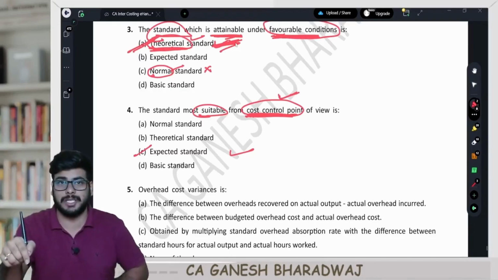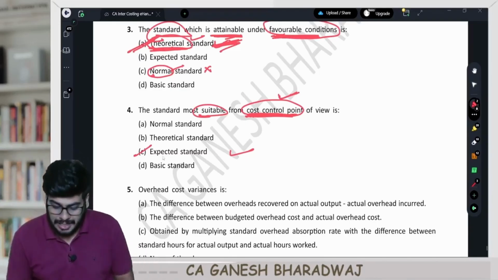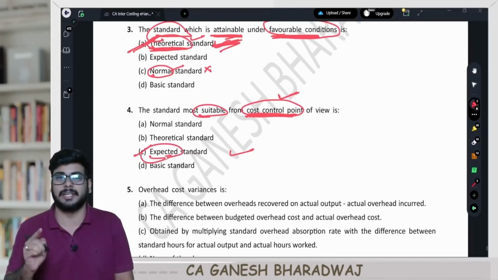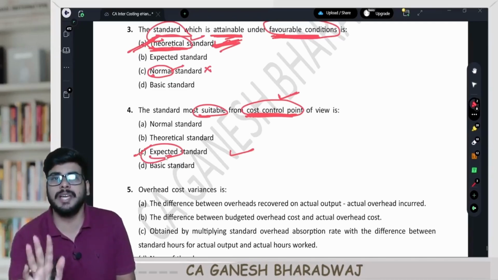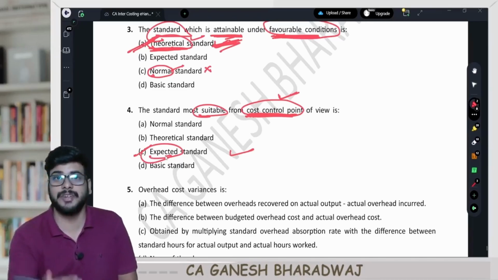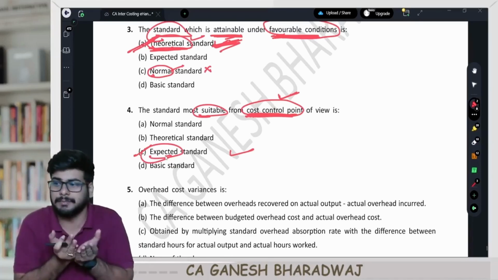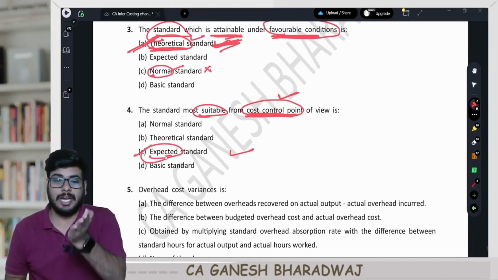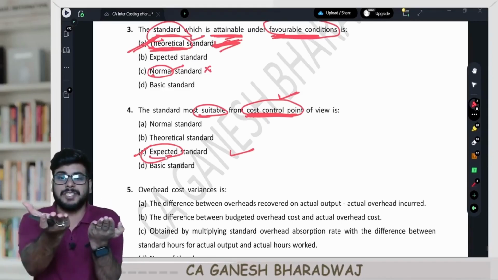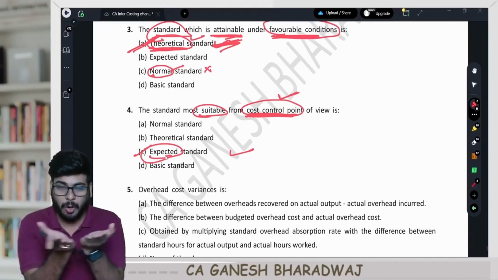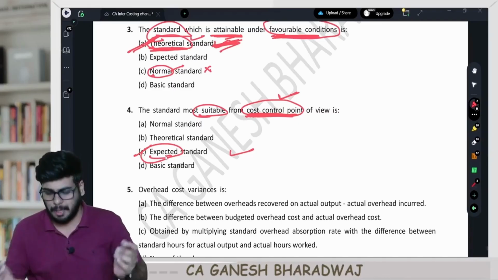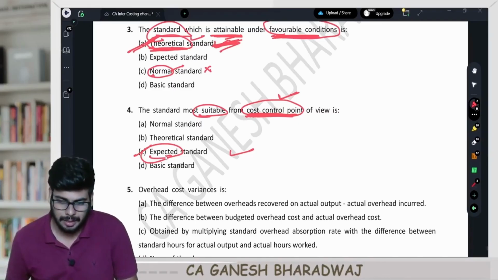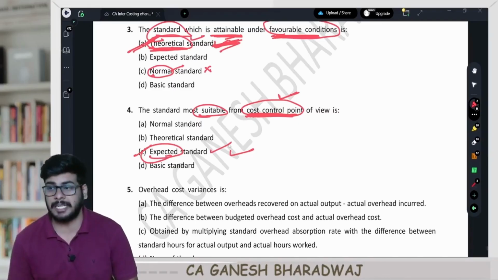For my actuals, how much you should be incurring, that's called expected standard. That is, what am I expecting out of you versus what you are actually doing. This is how the performance appraisal will be done. Only these two can get compared.